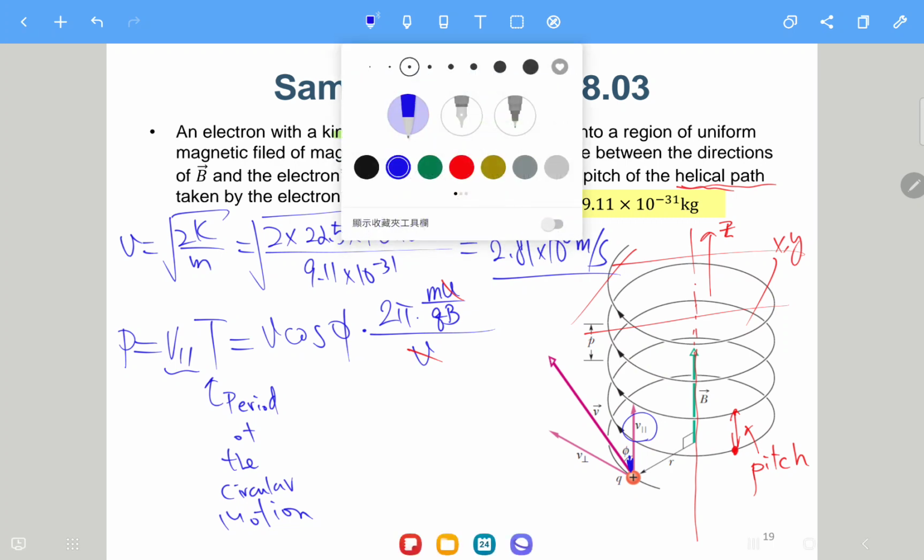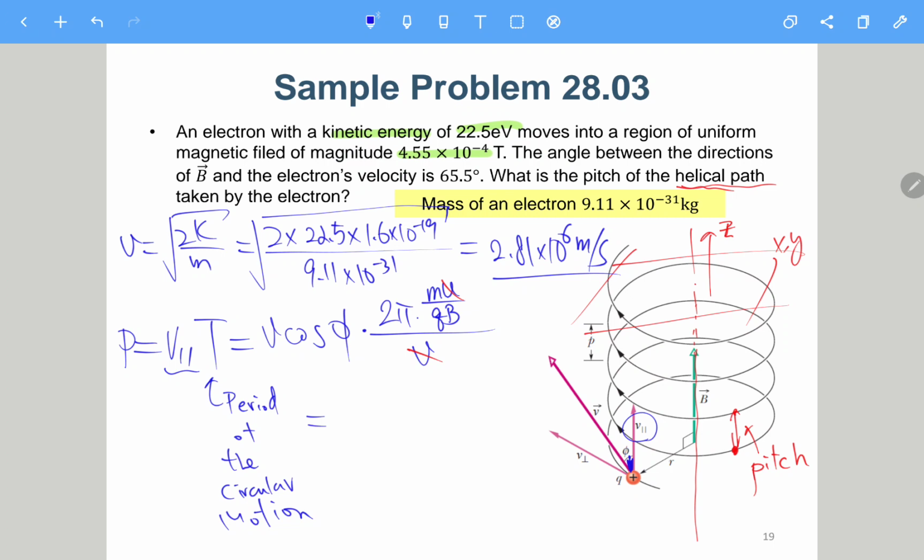Okay, so in here we can have v to be 2.81 times 10 to the 6th power, times cosine of 65.5 degree. And then we also have 2 pi times m. Electron mass is 9.11 times 10 to minus 31. And then over q, q is actually e, 1.6 times 10 to minus 19.